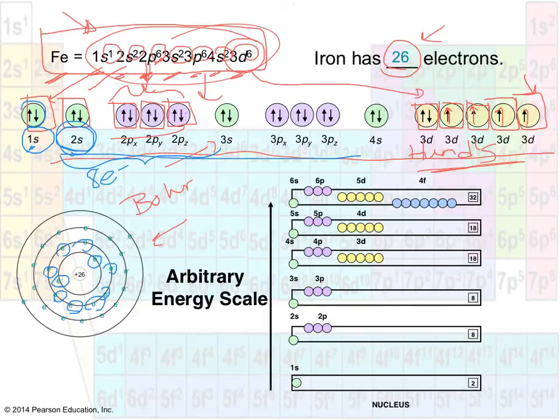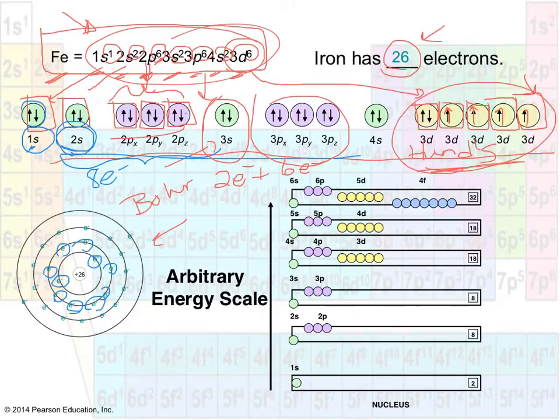On the third energy level, it can possibly get just a little tricky because the energy levels are separated. We have 2 electrons in the s sublevel, 6 electrons in the p sublevel. We've got to skip all the way to here, the d. And this d sublevel has 2, 3, 4, 5, 6 electrons in it.